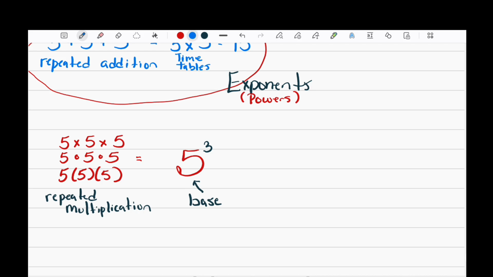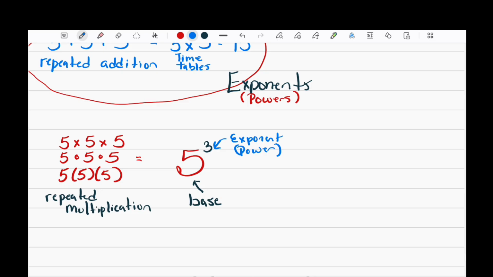While the little number has to be little and to the right. That number is called, anybody know what it's called? Yeah, it's called the exponent or the power. Either one. That tells you how many times you multiply in the base.